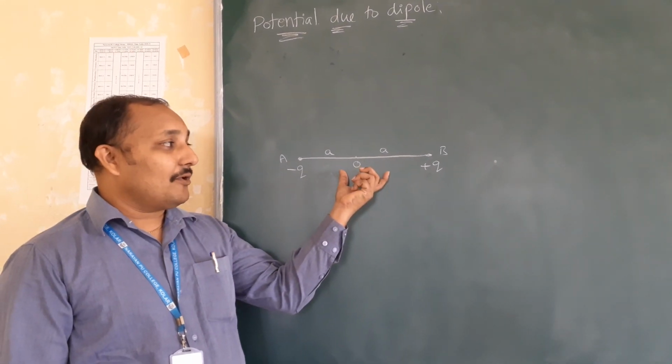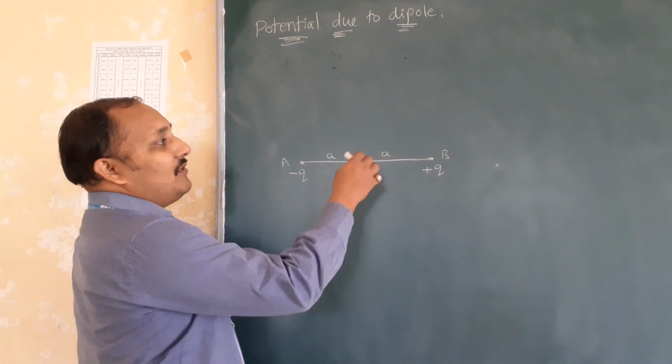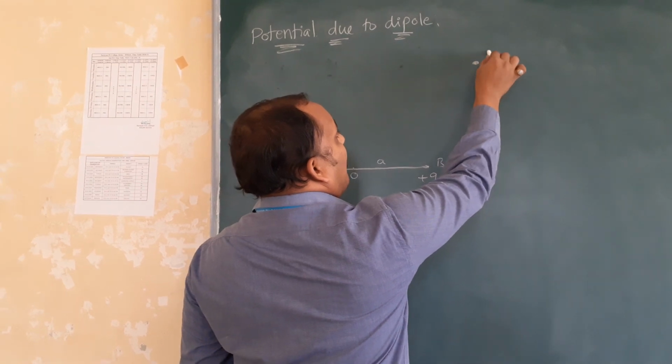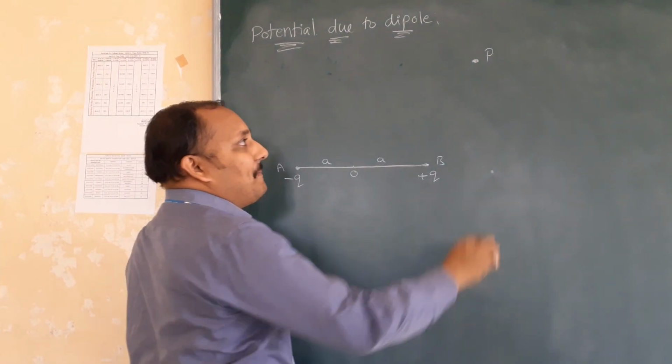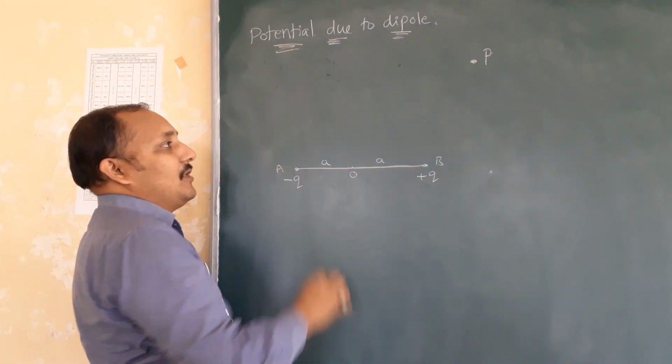Due to this dipole, how much potential is there? For that, we have to take a point somewhere. Assume this is point P. At this point P we are going to calculate potential.